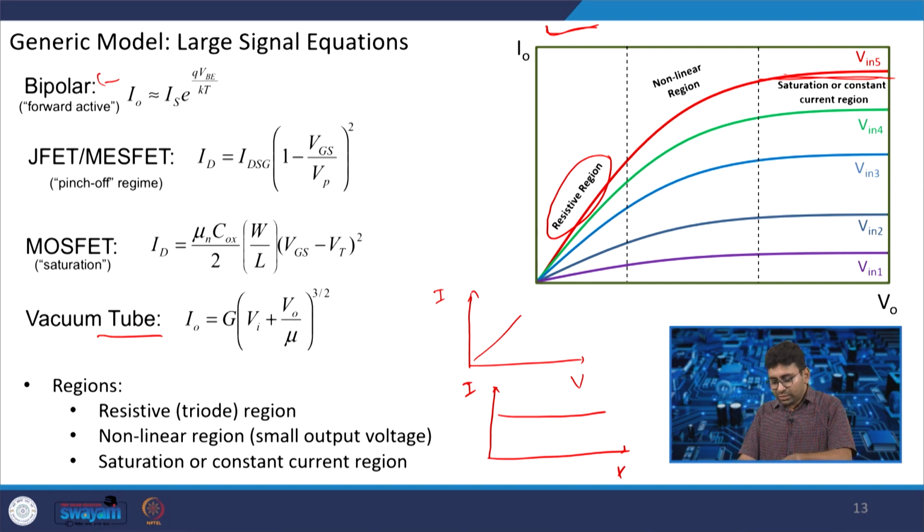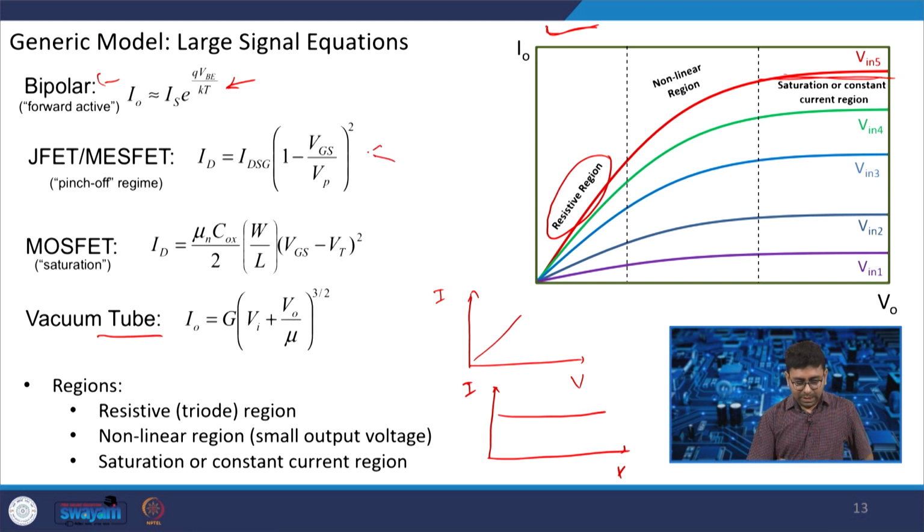These can be applied to any device which has output characteristics, output voltage characteristics that look like this. For bipolar, the output current is written as an exponential function.